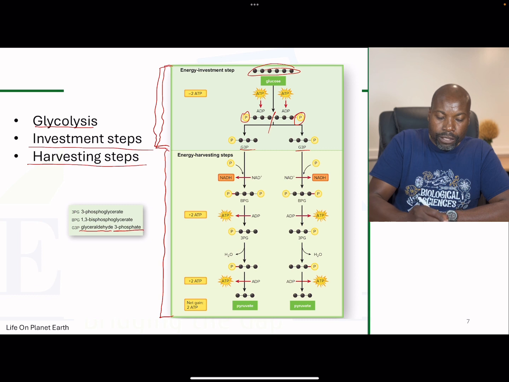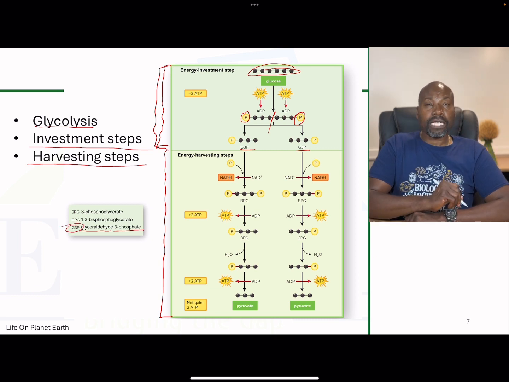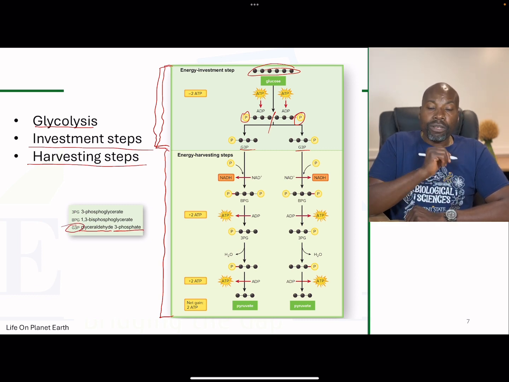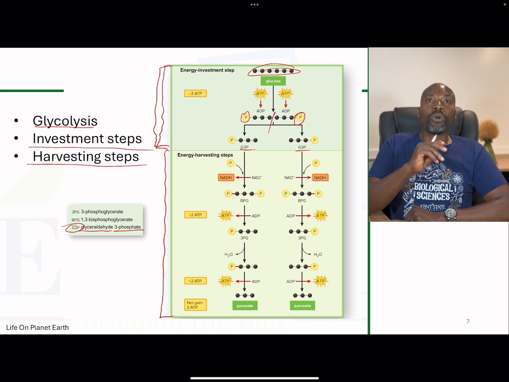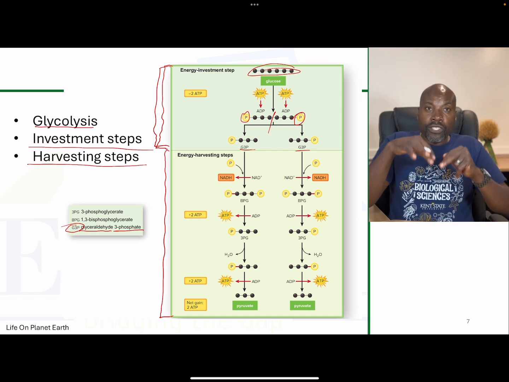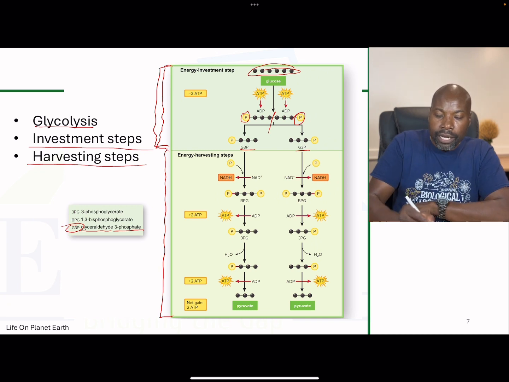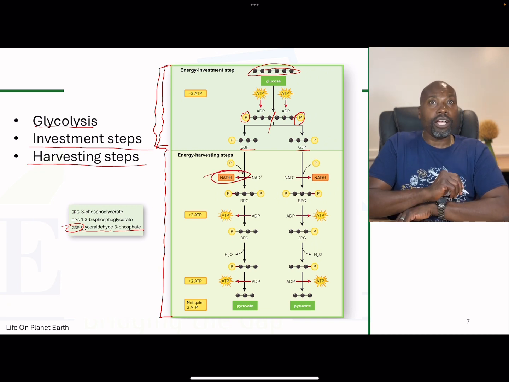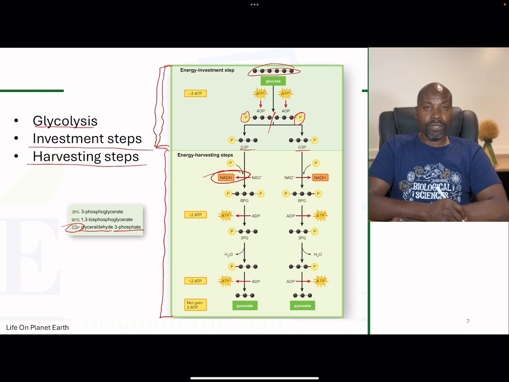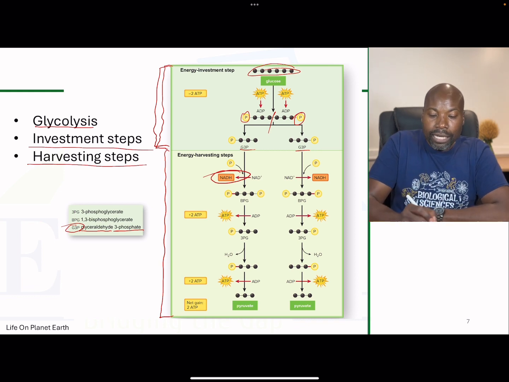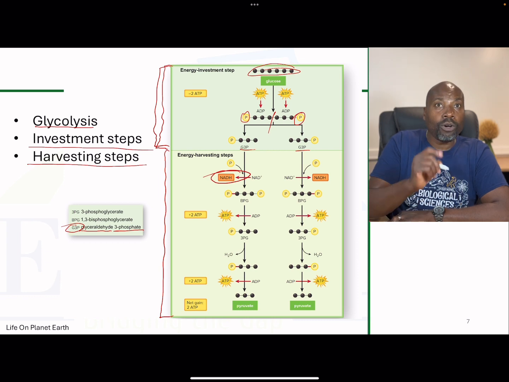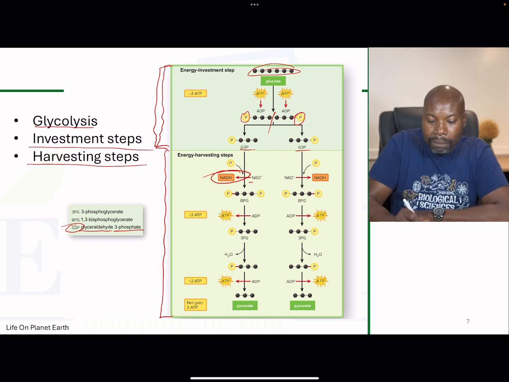Glyceraldehyde 3-phosphate, G3P. Okay? This glyceraldehyde 3-phosphate is going to undergo another sequence of reactions, including the loss of some electrons. Okay? So glyceraldehyde 3-phosphate is going to lose some electrons that are going to be accepted by NAD+, so that NAD+ becomes NADH.